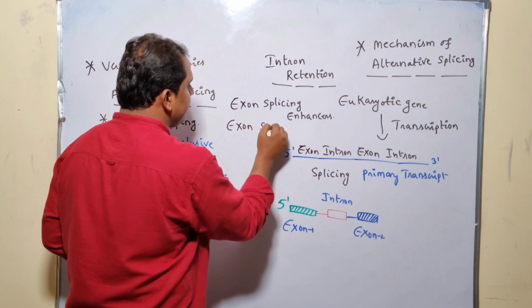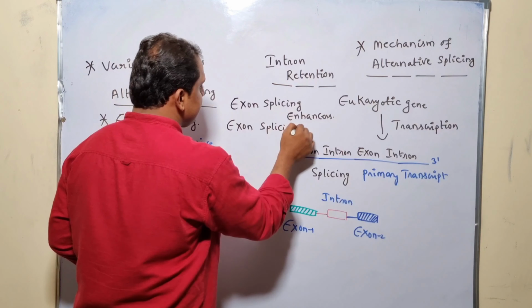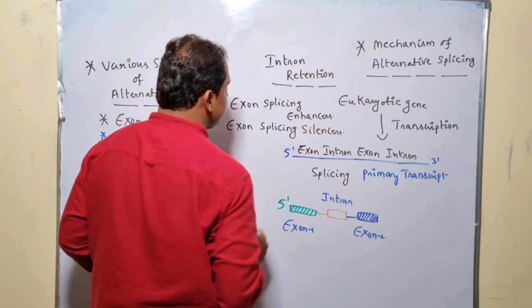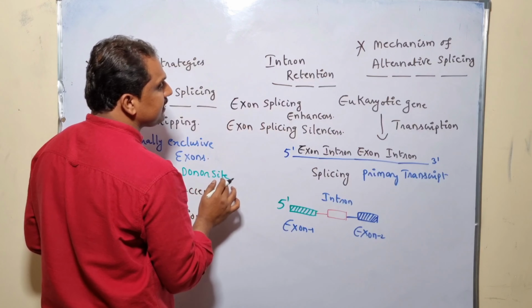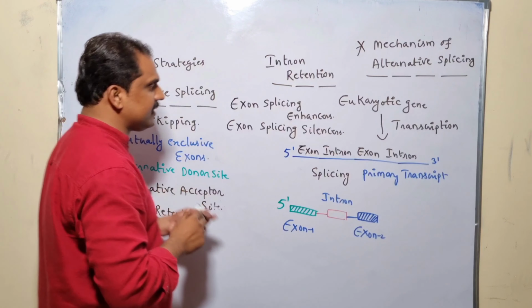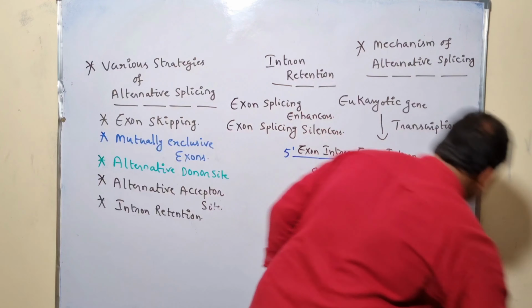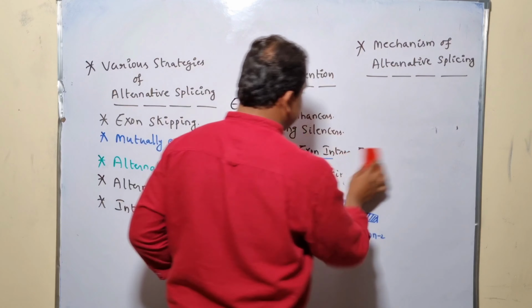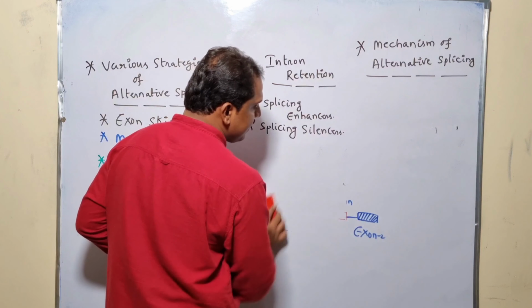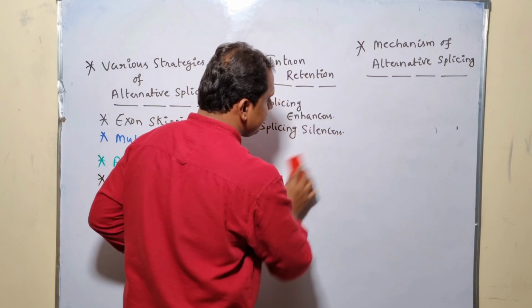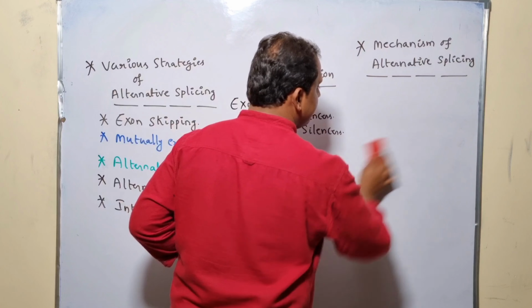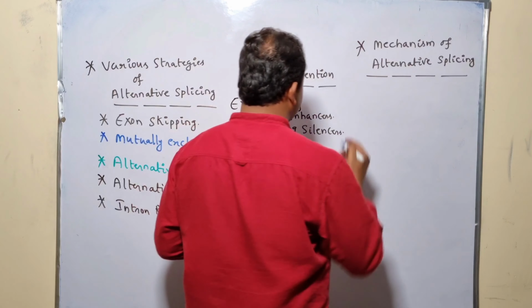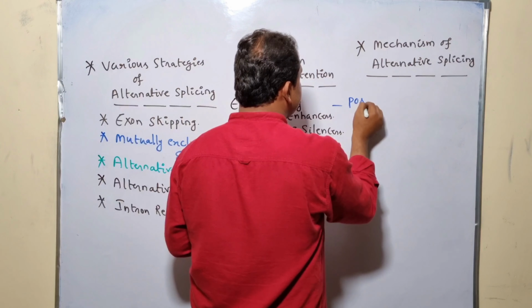Exon splicing silencers. So here the exon splicing enhancers are the positive regulators. So let me erase the things here. Exon splicing enhancers are nothing but the positive regulators of the alternative splicing mechanism. Positive regulators.